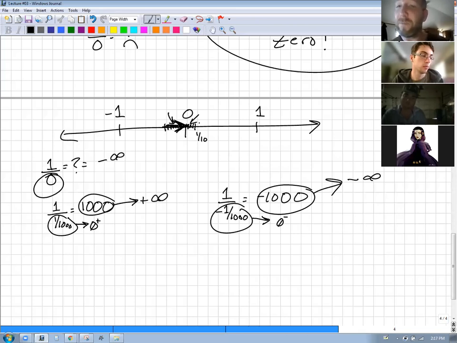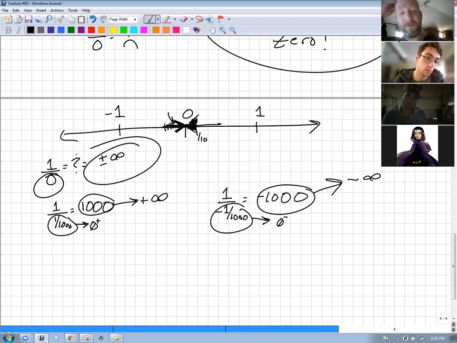But if I plug numbers in closer and closer to 0 that are positive, well, then I get positive infinity. So I'm just going to say positive or -infinity. And there's not two numbers further apart than positive and -infinity. So if you take anything and divide it by 0, you're getting both positive and -infinity. That's why it's undefined. It just doesn't make sense to divide by 0.